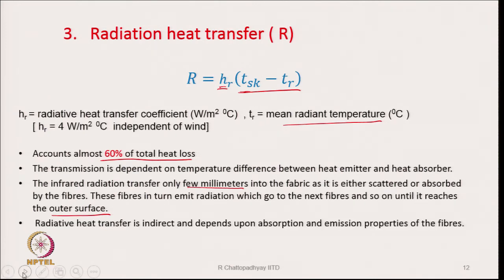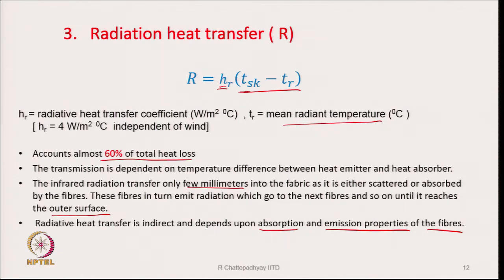That is how it moves, and radiative heat transfer is indirect and depends upon the absorption and emission property of the fiber. That is important. So, it depends not only upon temperature difference, but it also depends basically upon the emission property of the fiber.